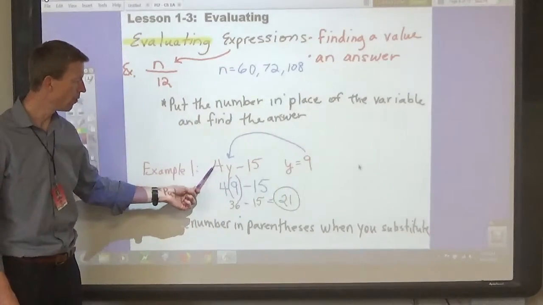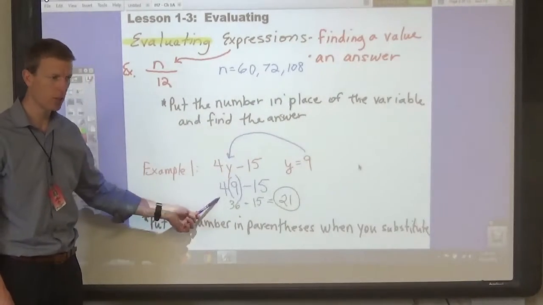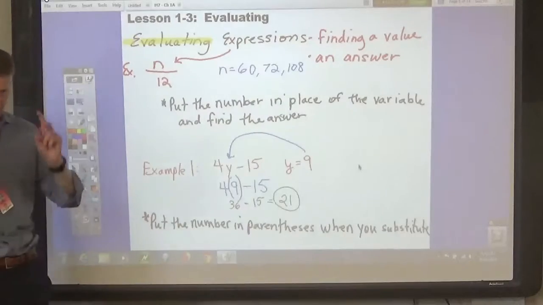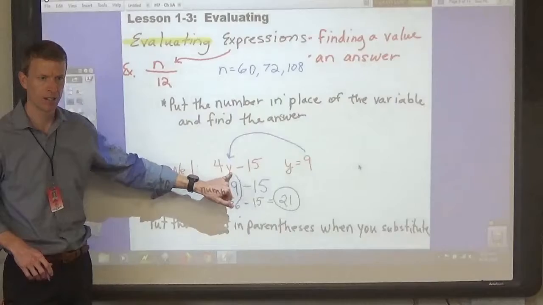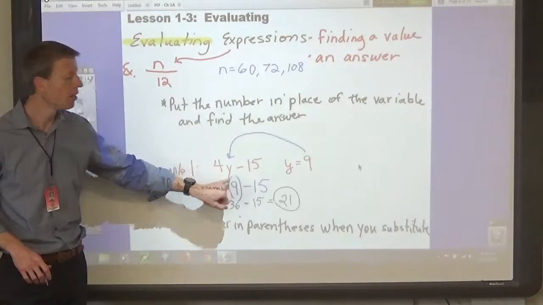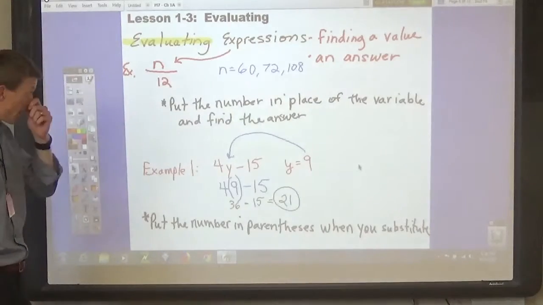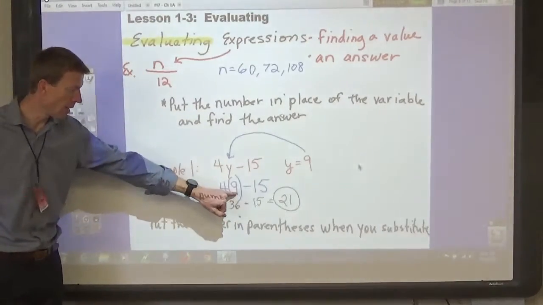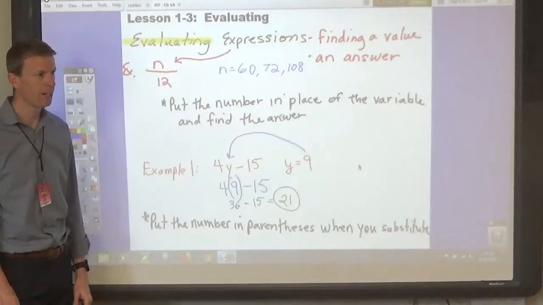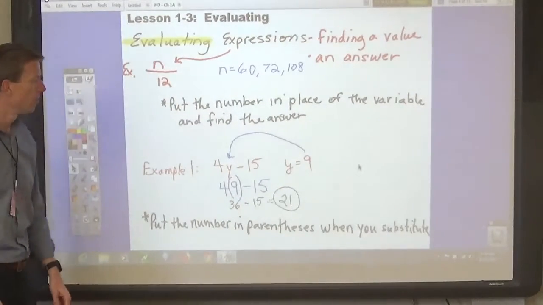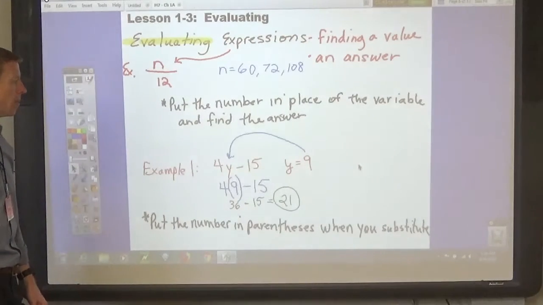And so if you have 4 times y, when you insert it, how do you make it say times? Why doesn't it just say 49? Jeff? Put it in parentheses. You put it in parentheses, right. When you insert the number in, you put it in parentheses. And then 4 times 9 in parentheses actually means 4 times 9. Could it be 4 dot 9 or 4 x 9?